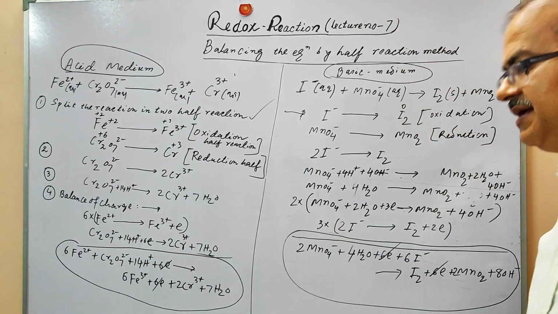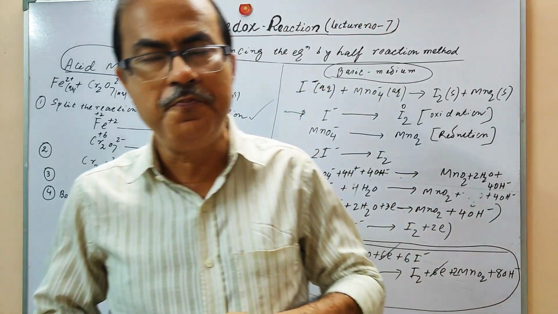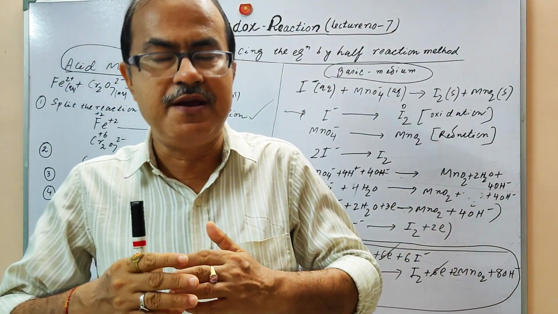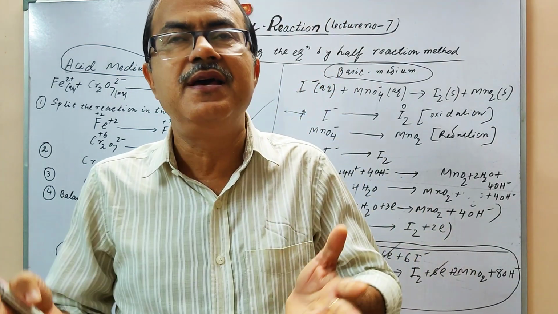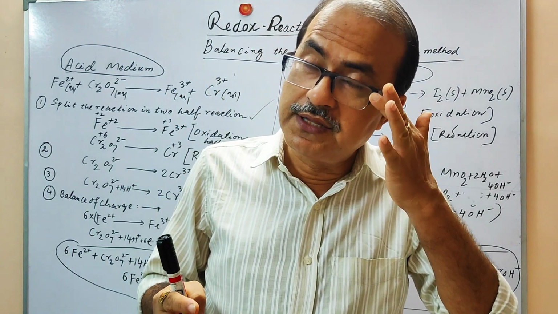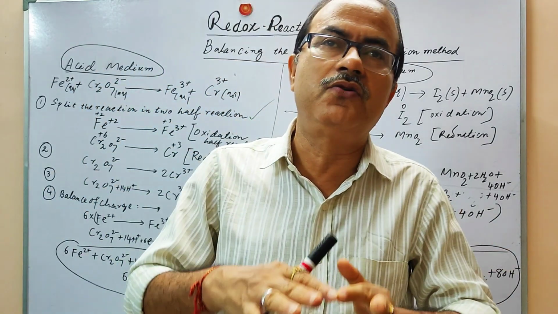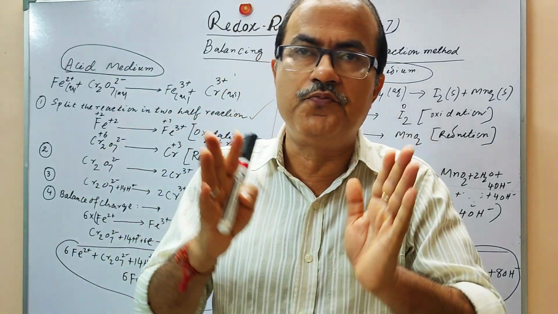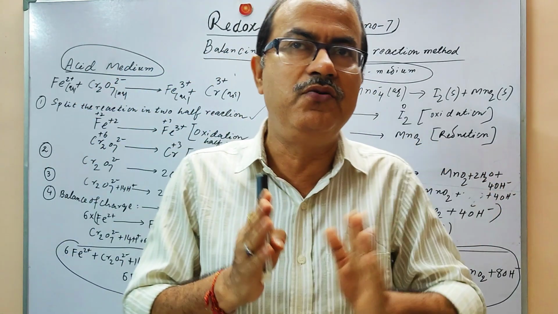So this is basically a very simple process. What we have to do is remember the steps in your mind. The first step, we will split the reaction. Second step, we will balance the atoms other than the oxygen and hydrogen atoms. Then we will balance the oxygen atoms by putting H2O. And the next step, we have to put the H plus ion on the deficient side to balance the hydrogen.